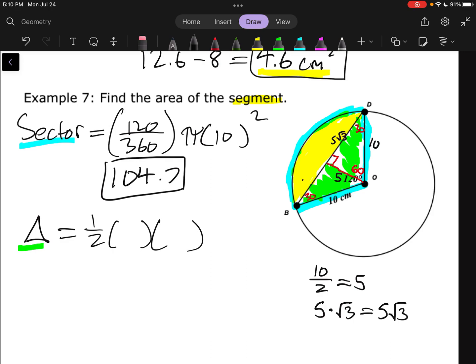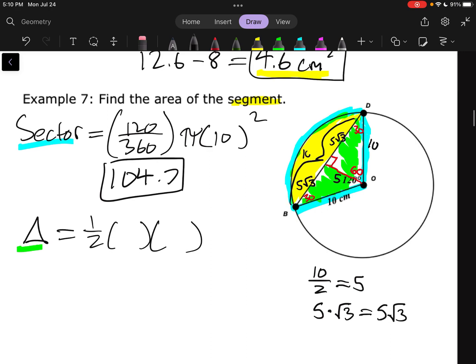Which means that both of these pieces, since they are both long legs of 30, 60, 90 triangles, are 5 root 3. So the entire side BD, the entire chord there, is 10 root 3.